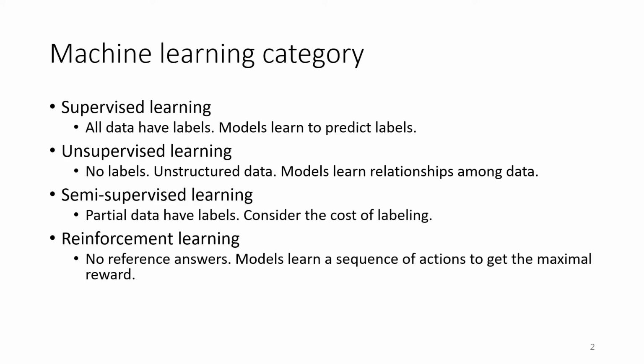Semi-supervised learning means only part of our data has labels, and we want to use those available labels to train a model or function so that we can predict the remaining unlabeled data.